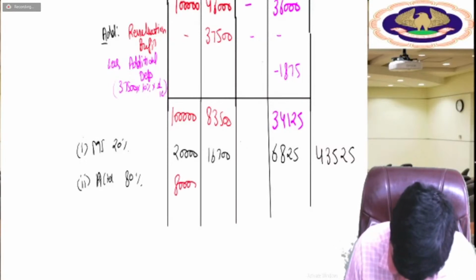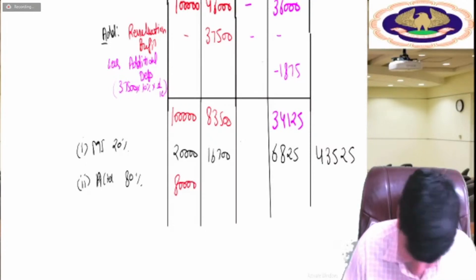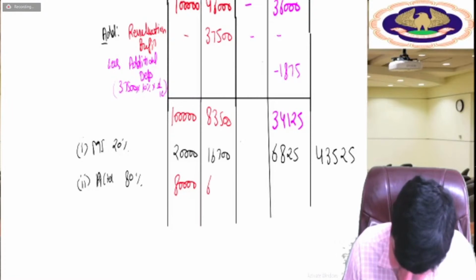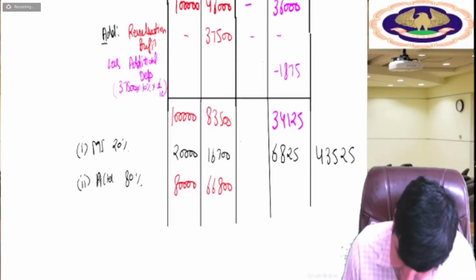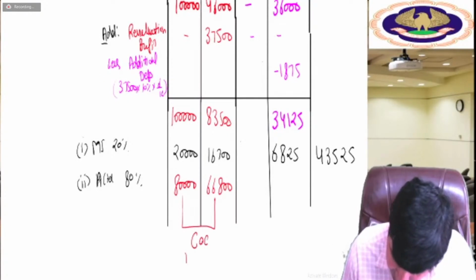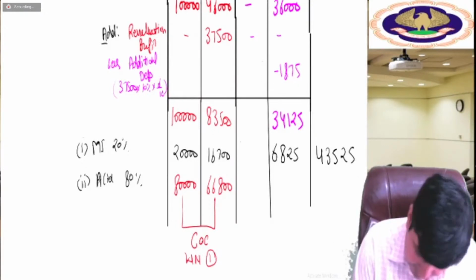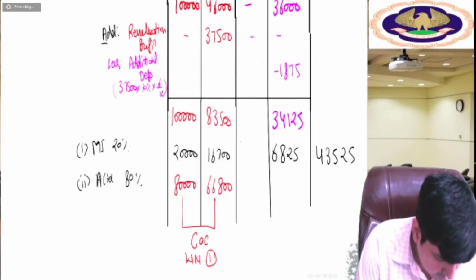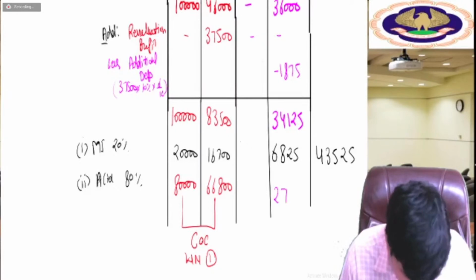80,000 is there. 83,500 multiplied by 80%, that is the holding part. This must be shifted to cost of control, working note number 1. And this is the figure, 34,125 multiplied by 80%, 27,300.